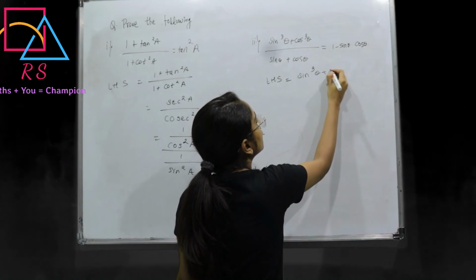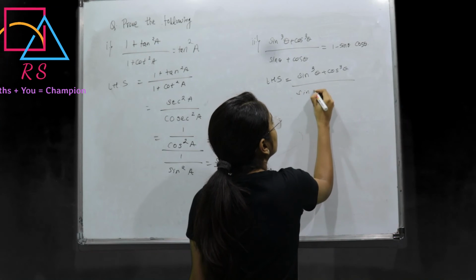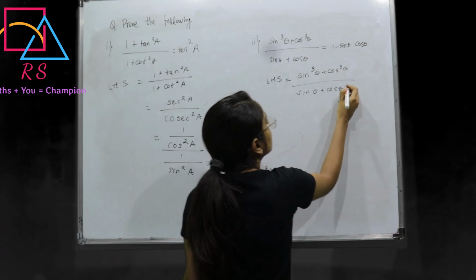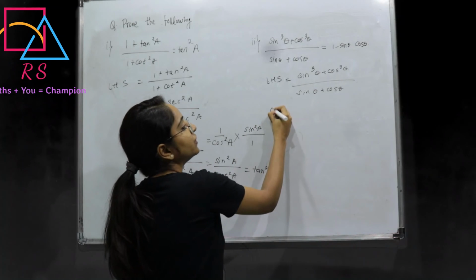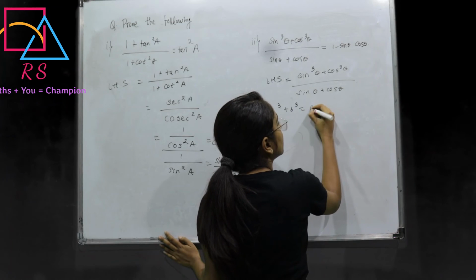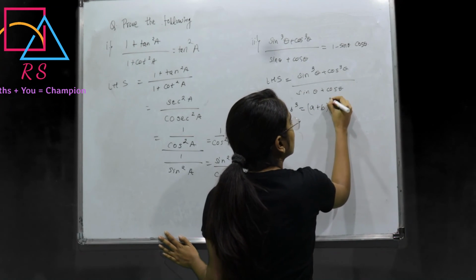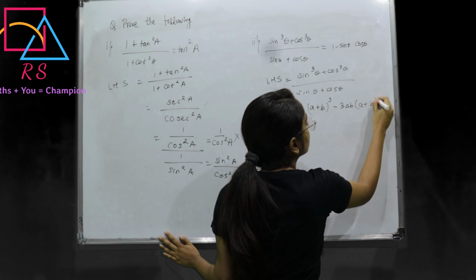Sin³ theta plus cos³ theta upon sin theta plus cos theta. Here the a³ plus b³ formula will be applied, which is a³ plus b³ is (a plus b) whole cube minus 3ab times (a plus b).